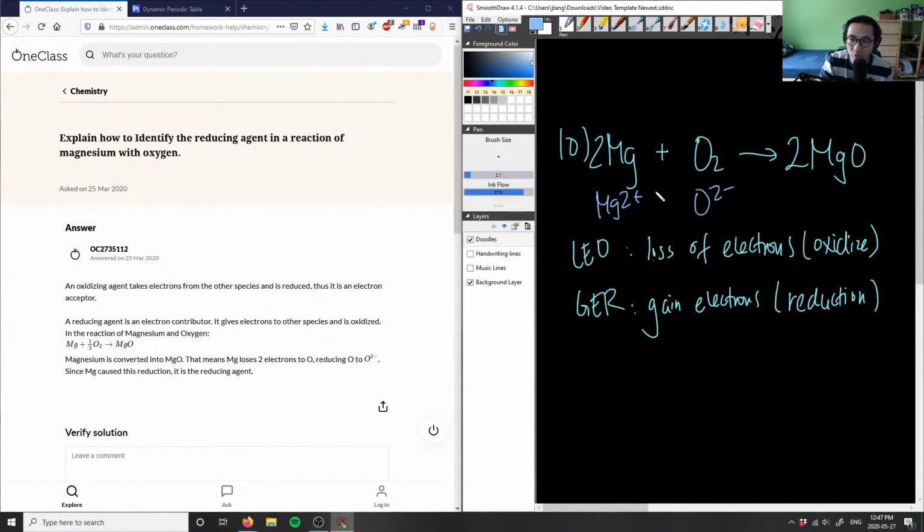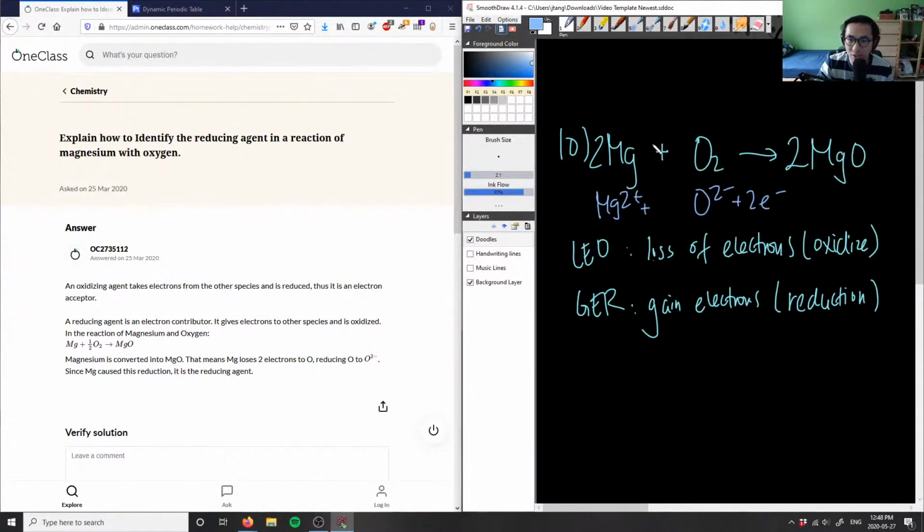So these 2 plus charges, I'm going to lose 2 electrons, and oxygen is going to gain 2 electrons here. So magnesium is converted to MgO. Magnesium loses 2 electrons. Oxygen is going to gain 2 electrons. Okay, so this is good.